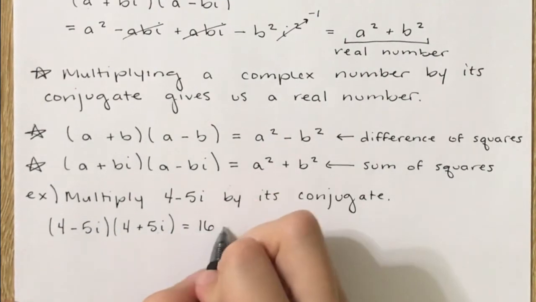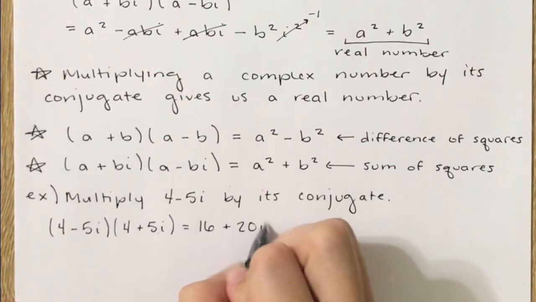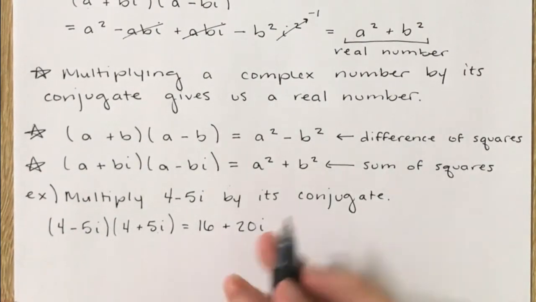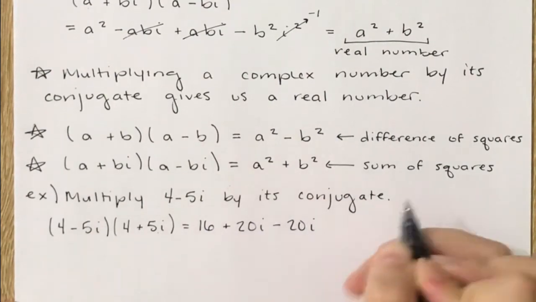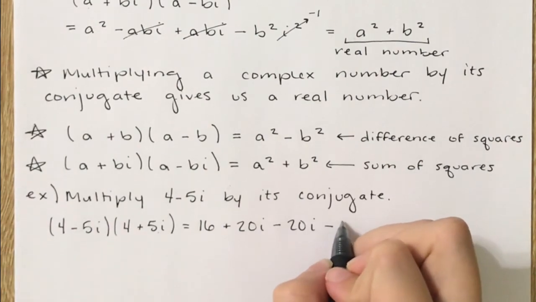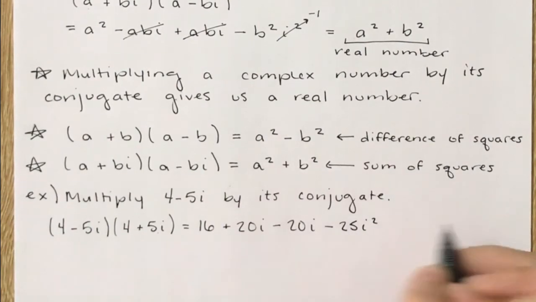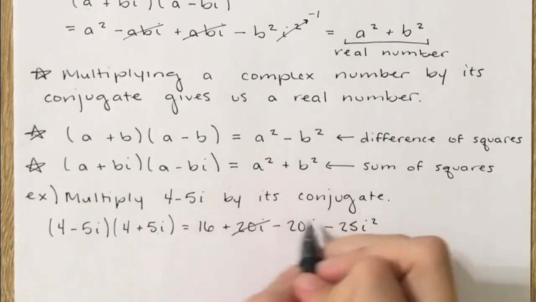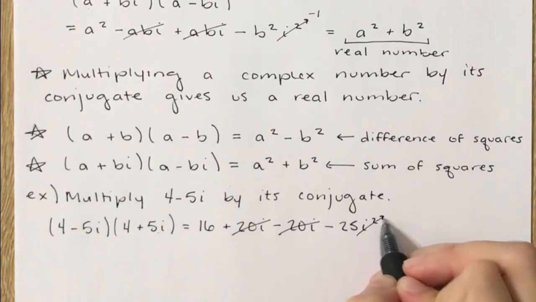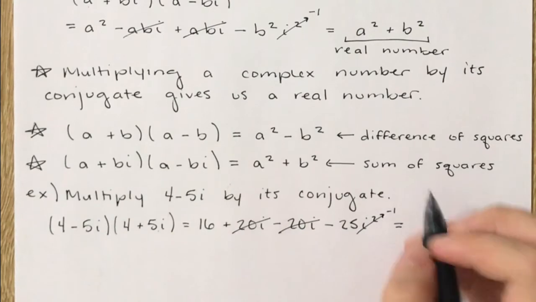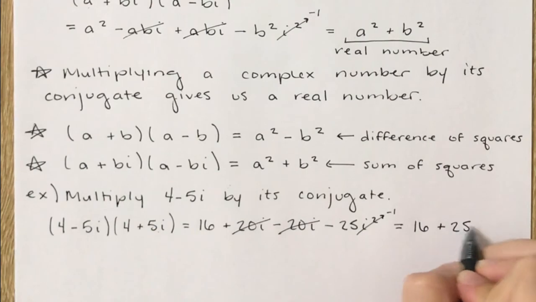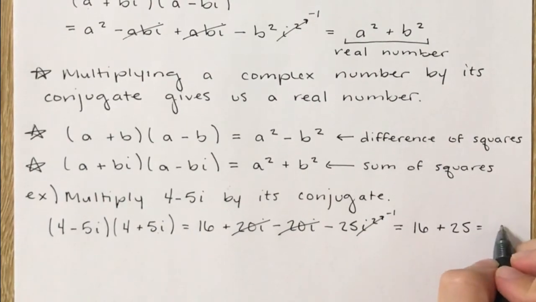Outside, we have 4 times 5i, or 20i. Inside, we have negative 5i times 4, or negative 20i. And then our last term is negative 5i squared, or negative 25i squared. These guys will cancel, right? We have the plus and minus. i squared becomes negative 1. So our answer is 16 plus 25, which gives us 41.